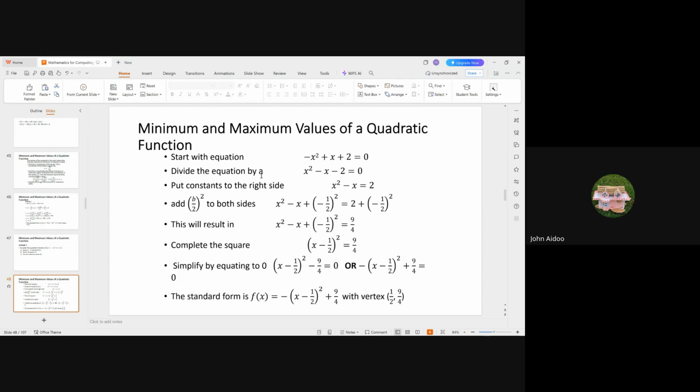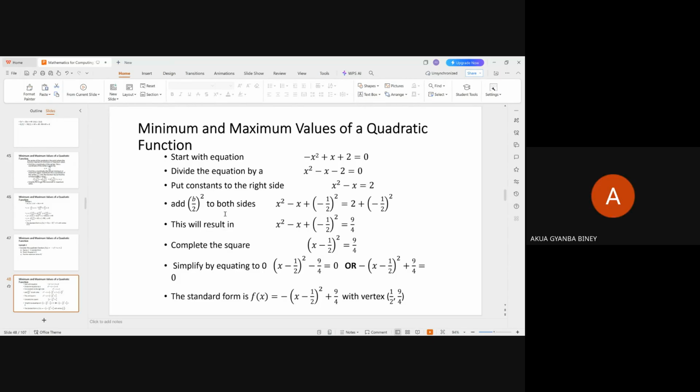Exactly. So we divide through by a. So this becomes x squared minus x minus 2 equals 0. The next step is what? Put constant to the right. This is the constant here, the minus 2. We take it to the right, and then we have x squared minus x is equal to 2.